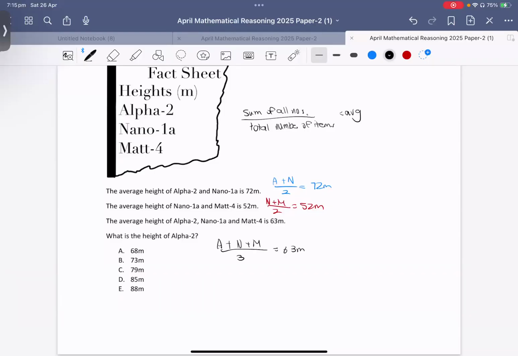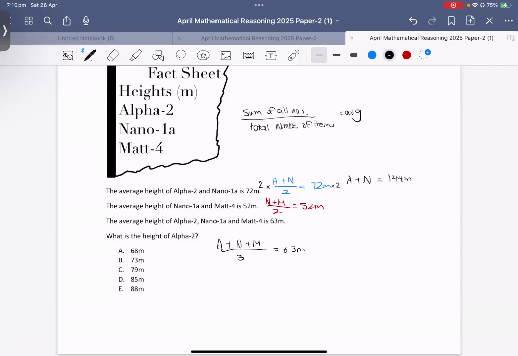Okay, so what we can do from here is make things a little bit simpler. If alpha plus nano divided by 2 gives us 72, then alpha plus nano, without the denominator on the bottom, would be 72 times 2, which is 144. How I did that was I multiplied 2 on both sides of this equation.